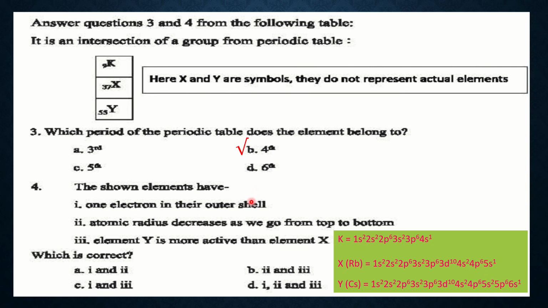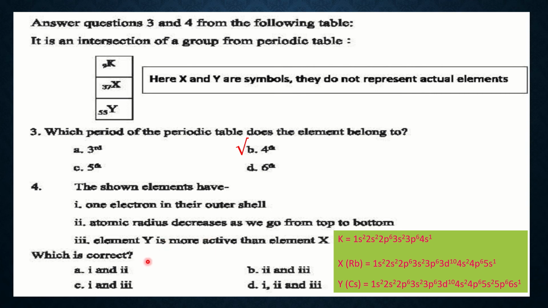So this option is correct. Atomic radius decreases as we go from top to bottom. No, this is our wrong option, because from top to bottom atomic radius gradually increases, because from top to bottom 1 shell is added for every atom. So option 2 is not correct.